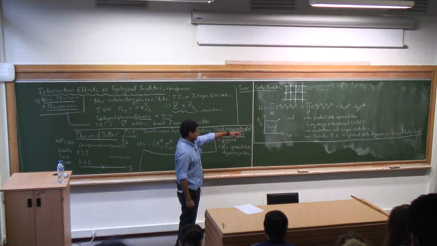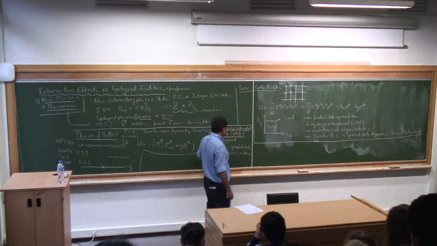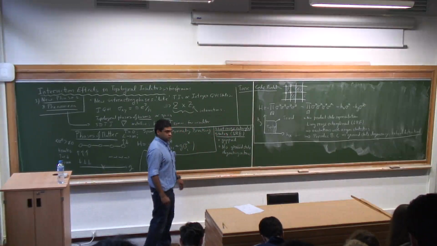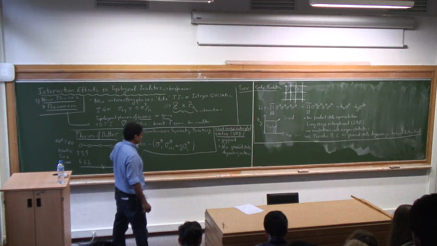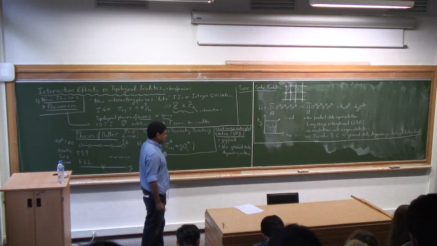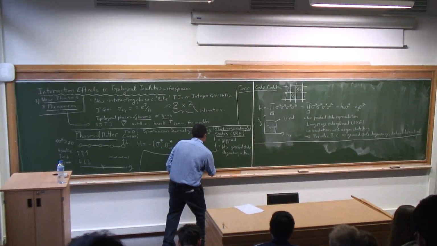So just put a negation over all of these statements. That's a short-range entangled state. That's how we'll define a short-range entangled state. And we'll assume that there's no symmetry breaking. There may or may not be a symmetry, but if there is a symmetry, it's a symmetric state.